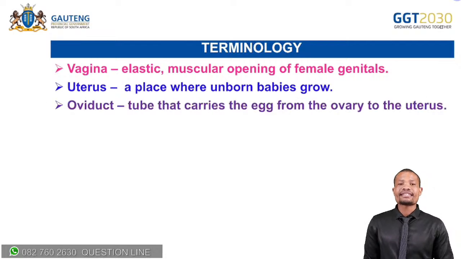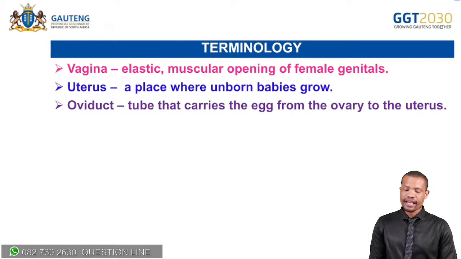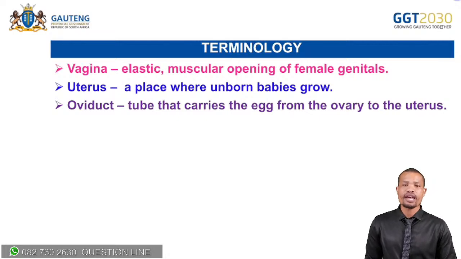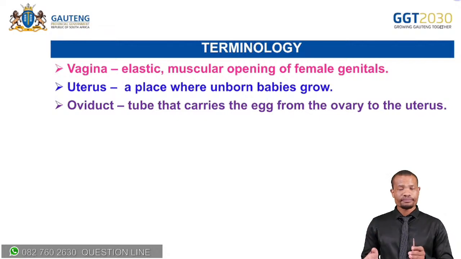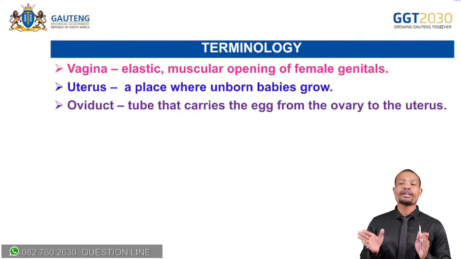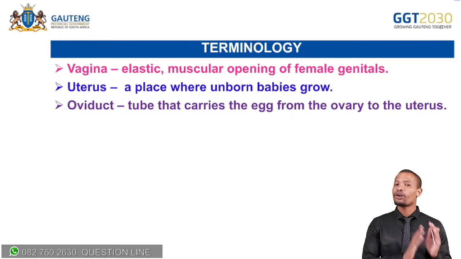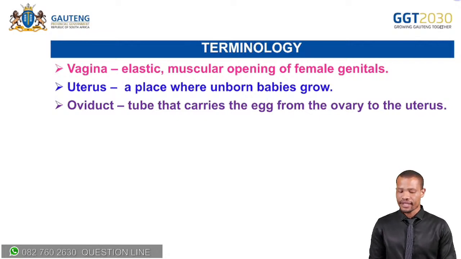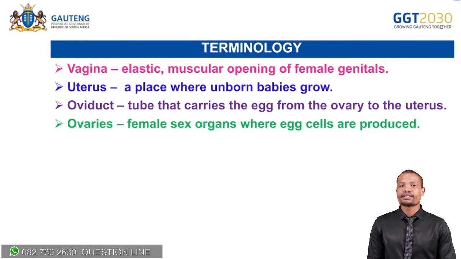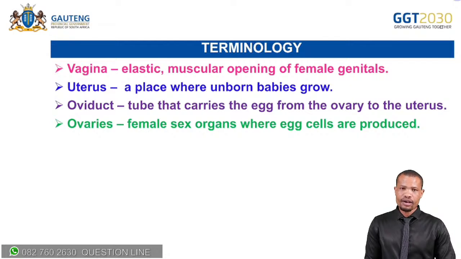The next one is the oviduct. The oviduct is a tube that carries the egg from the ovary to the uterus. We call it what? The oviduct. Now, in some instances, you may find it being referred to as the fallopian tube. You should know that the fallopian tube and the oviduct are one and the same thing. Right, the last term is the ovaries.